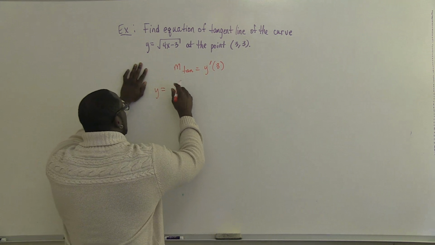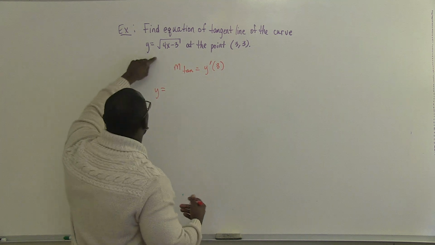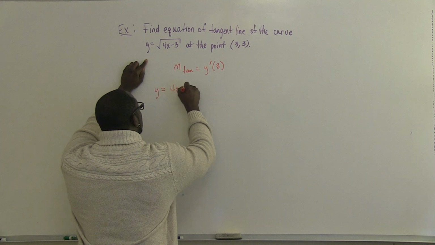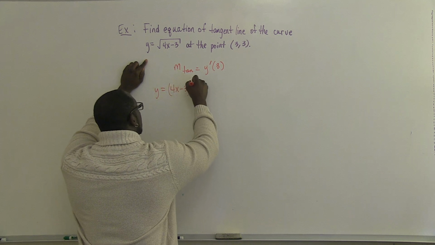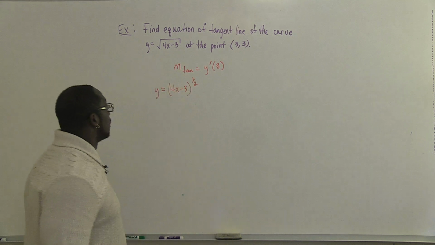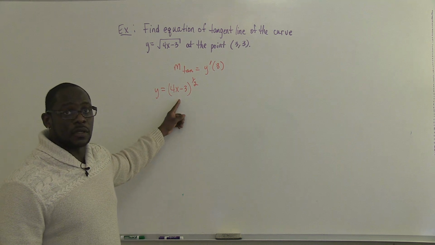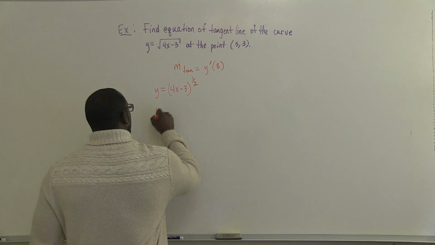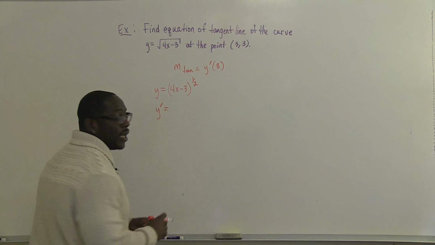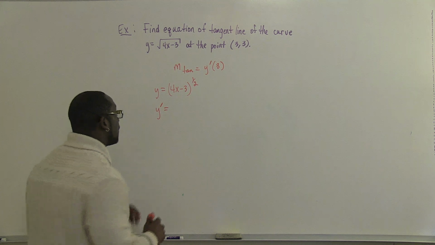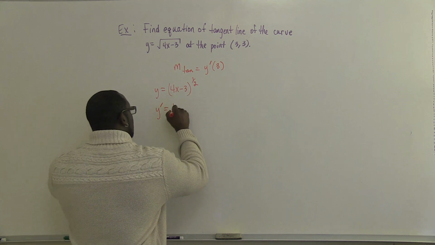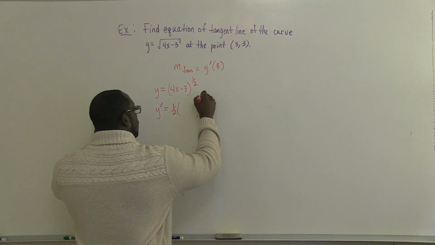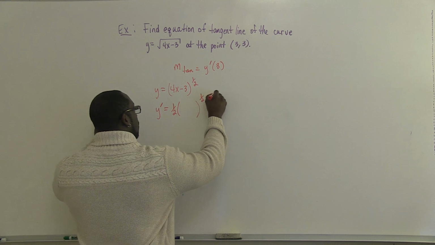First thing that we want to do is take our function y and rewrite it as an exponent here, something with a fractional exponent. From here, we'll take the derivative, and I'm going to use the prime notation. So this will be 1/2 times blah raised to the 1/2 minus 1.